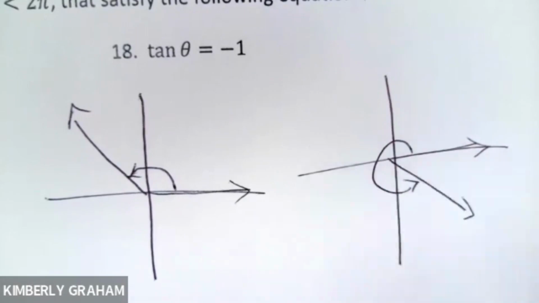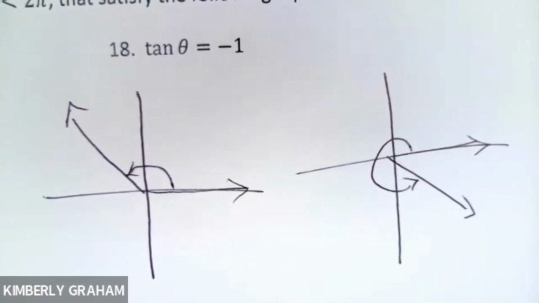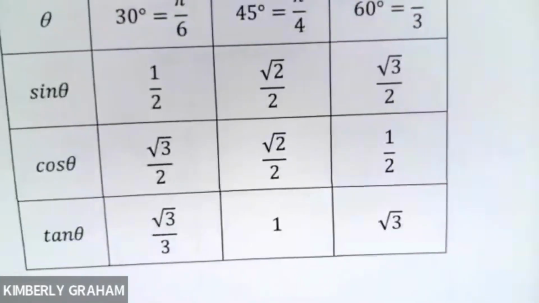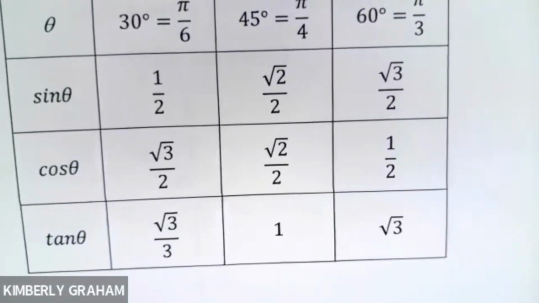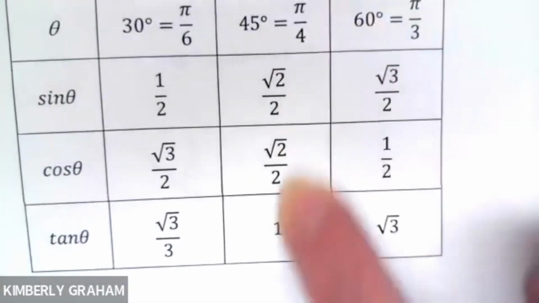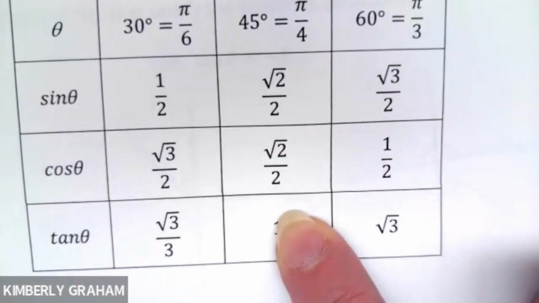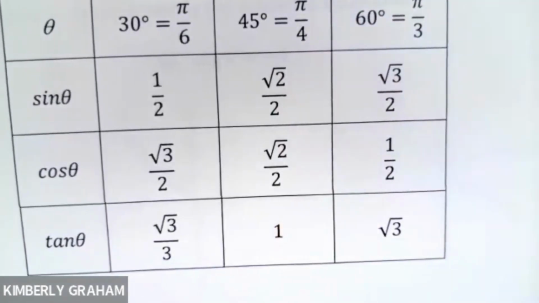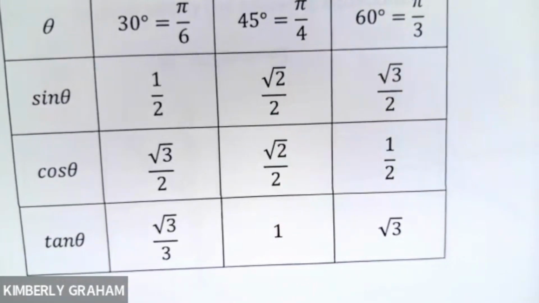If I'm looking for the tangent of -1, I look at my exact value chart. I don't have the tangent of -1, but I know that the tangent of 45 degrees, or pi over 4, is 1. So if either the x or the y is negative, that gives me a negative tan value.